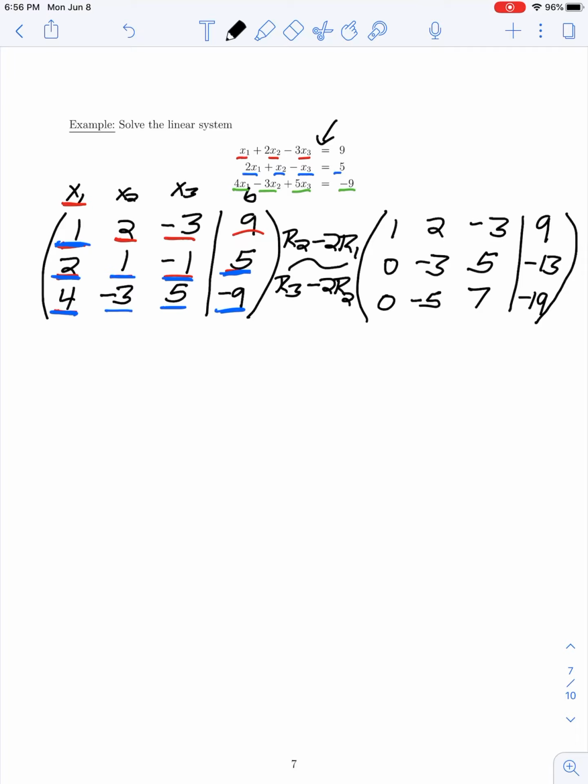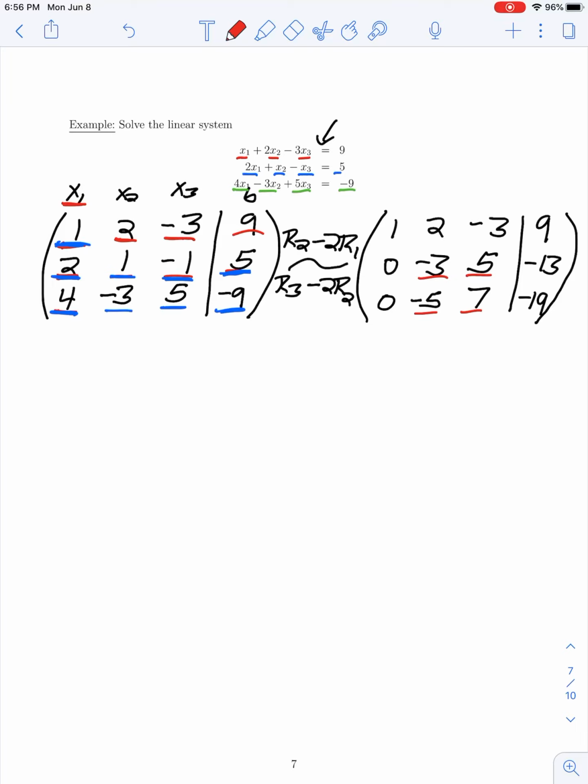We could try to kill off the x2 variable by comparing the coefficients for x2 in that second and third row, but we see that negative 5 is not an integer multiple of negative 3. If we tried to kill off x3, we see that 5 and 7 are not integer multiples of each other.